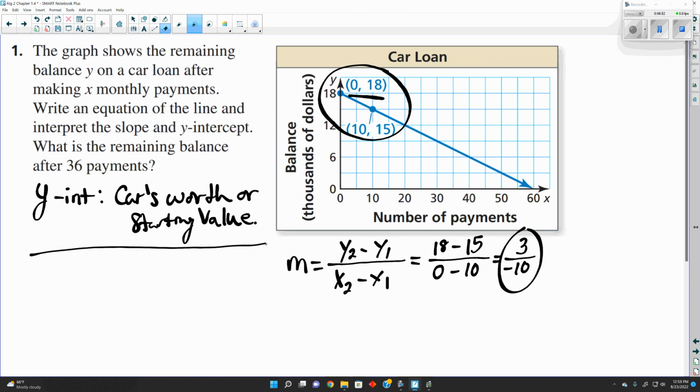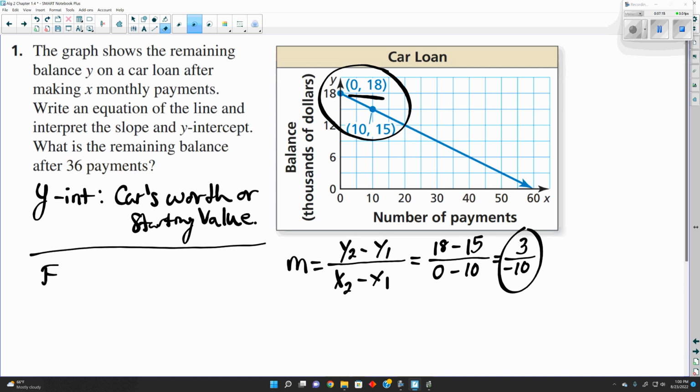Now, if we interpret the slope, so we have -3 over 10. The 3 is talking about the balance in thousands, yes? And the 10 is payments. Well, we can't talk about the number of payments as a negative amount because number of payments is only going to go up. It's only positive, yes?